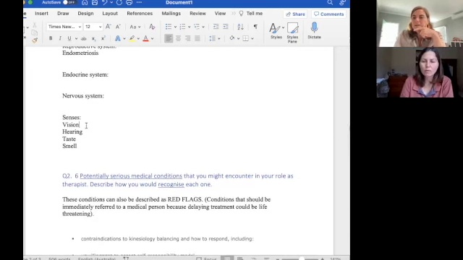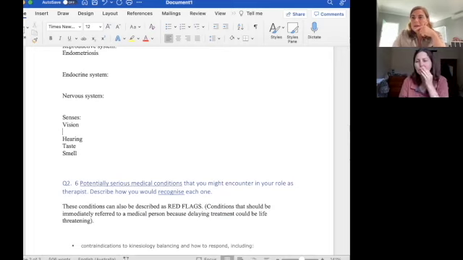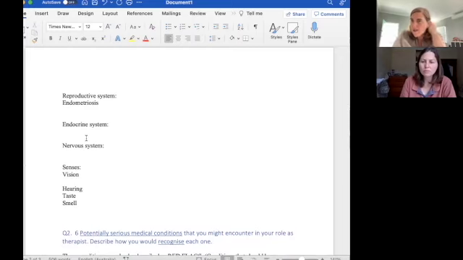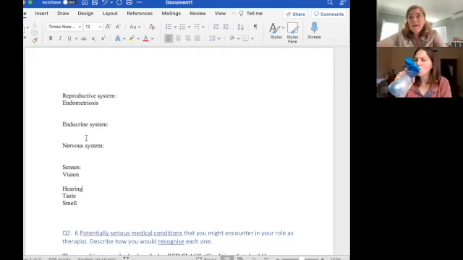And then senses, we've got things like vision. If somebody's having double vision, you might be concerned about that. Hearing, usually that's a gradual thing, or it's an industrial thing, so it's not really something I'd be looking for. But if somebody had a hearing issue, I'm going to make sure that I face them and adjust my communication to suit them.